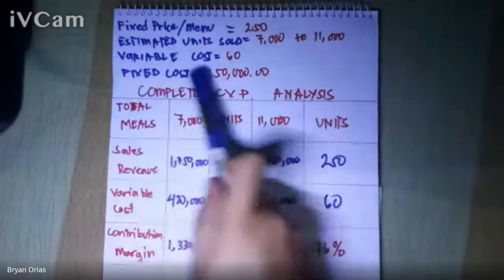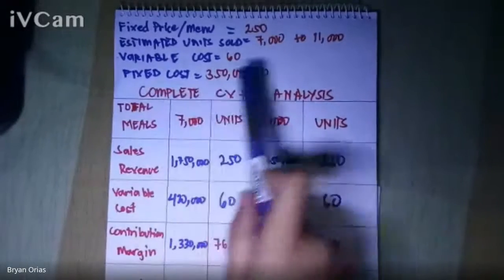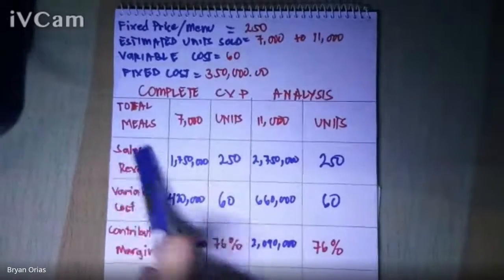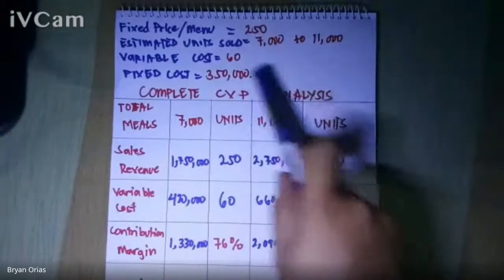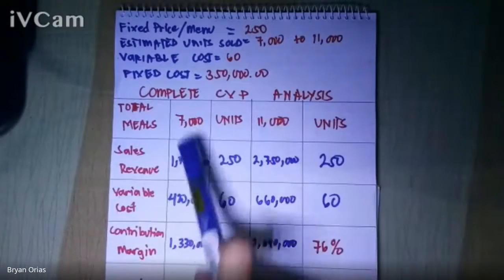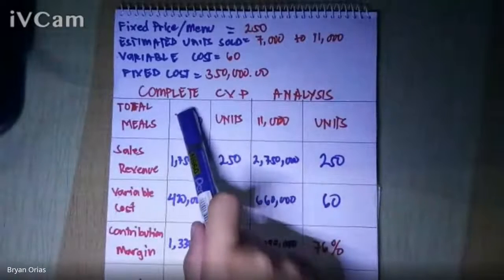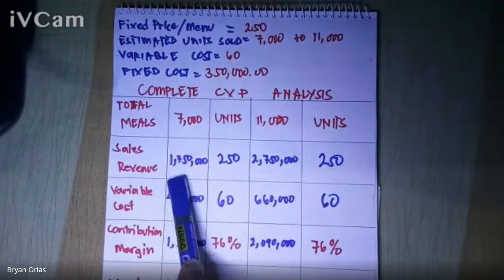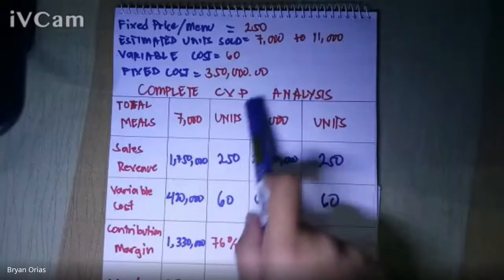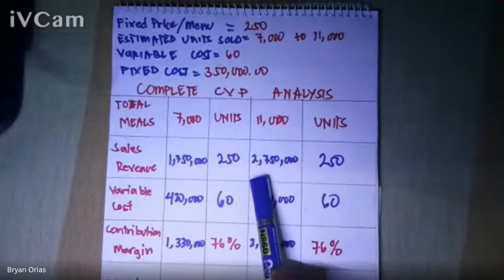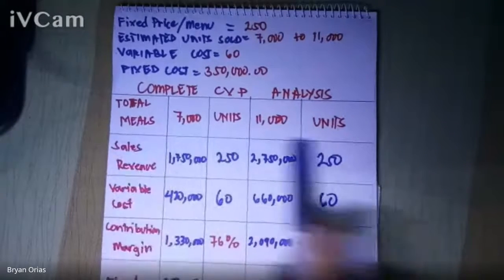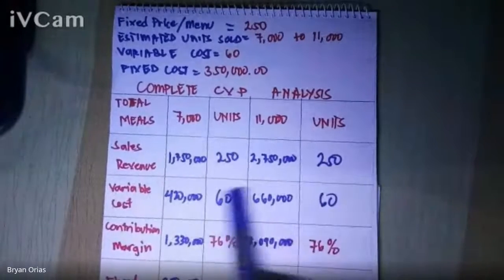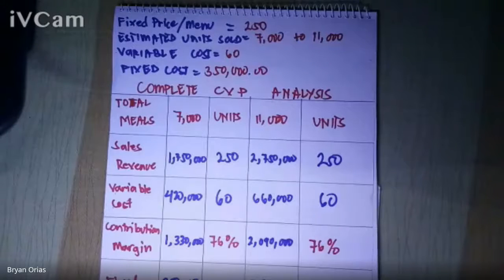So 250 times 7,000, you have 1,750,000. And for 11,000 units sold, you will have 2,750,000 pesos. Ibig sabihin, ito po yung kita nila, hindi pa natin nababawas yung expenses natin.